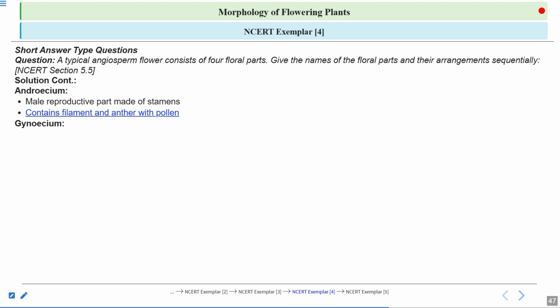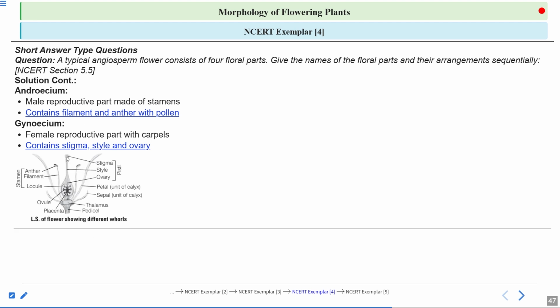Next whorl, the fourth innermost whorl, is the gynoecium. So it is the female reproductive part with the carpels. All the carpels unitedly are called the gynoecium. Now if you see a single carpel, it is made up of stigma, style and ovary.